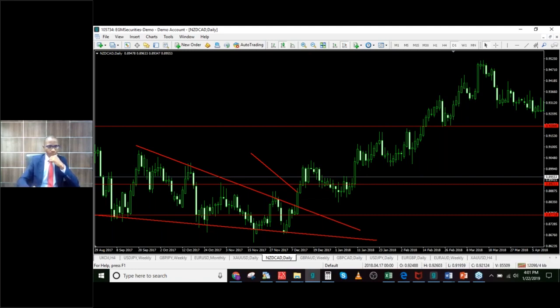And one thing Josh might not have pointed out is that always when we break a level, not always but most of the time, we have a pullback. And this now gives you, if you are late on the breakout, a chance to rejoin.